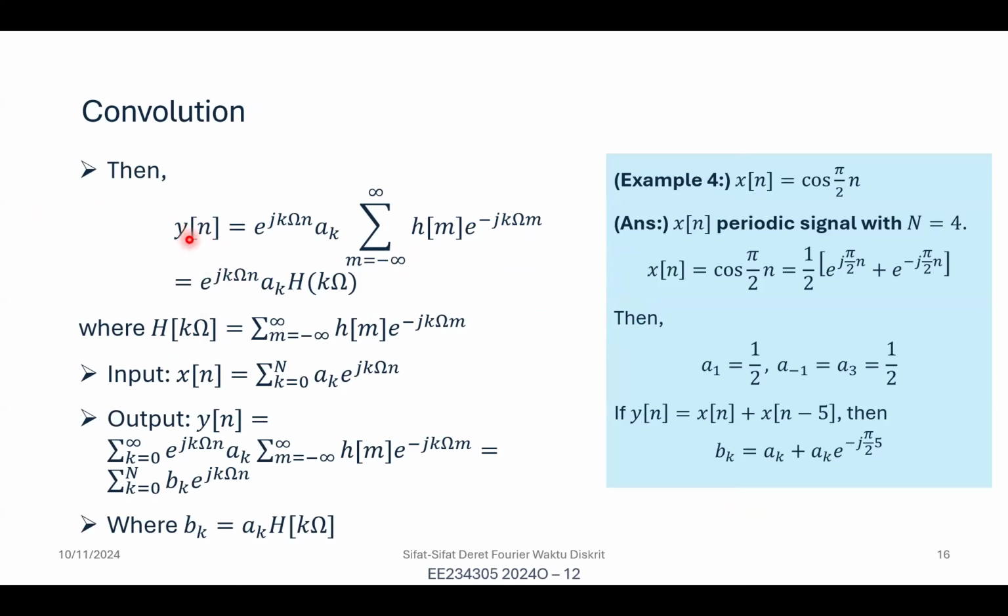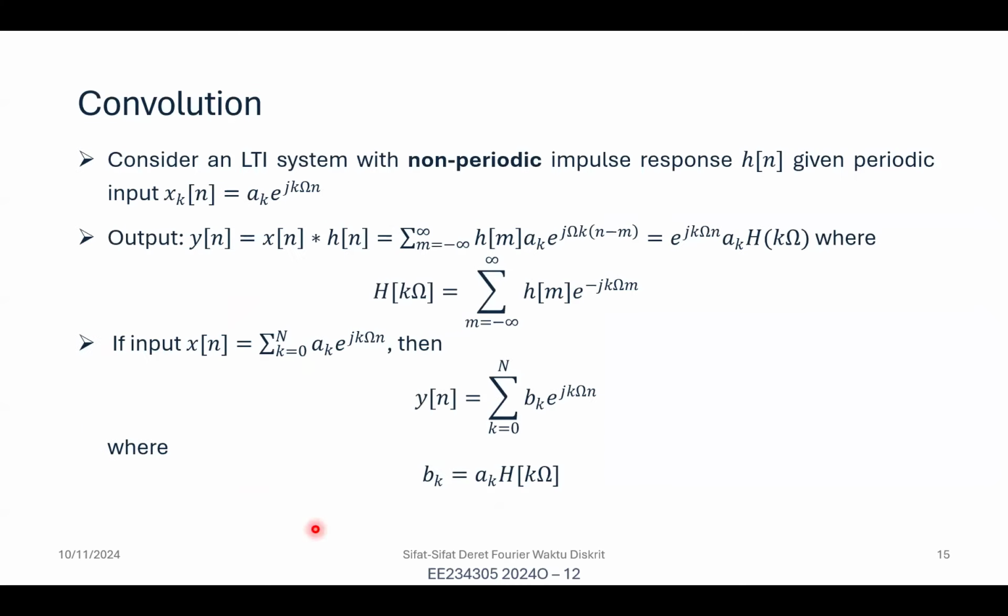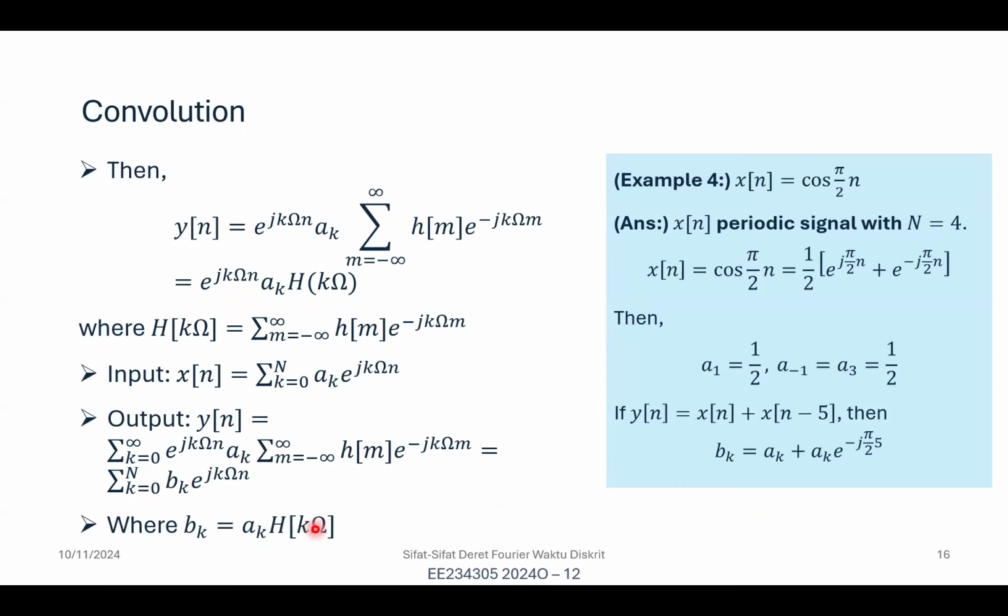Then yn is e to the jk omega n times ak times the transfer function. So for the input xn, the output would be yn, which is this. That's basically just a little more explanation.